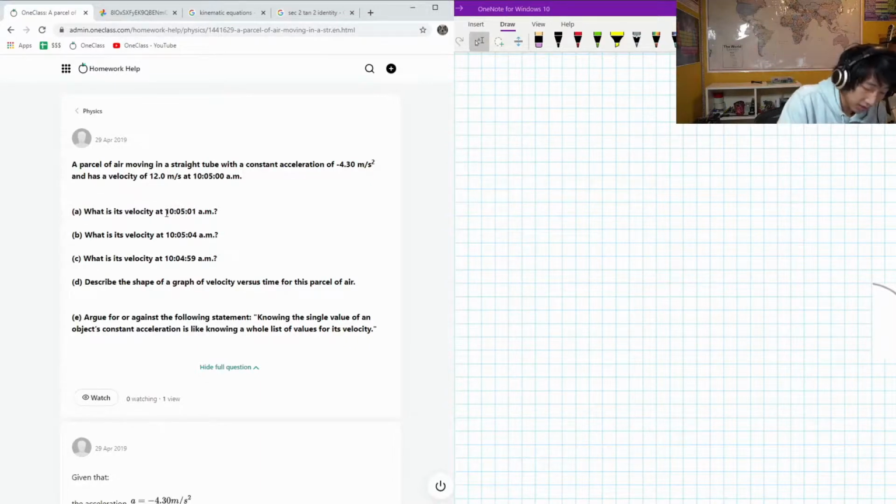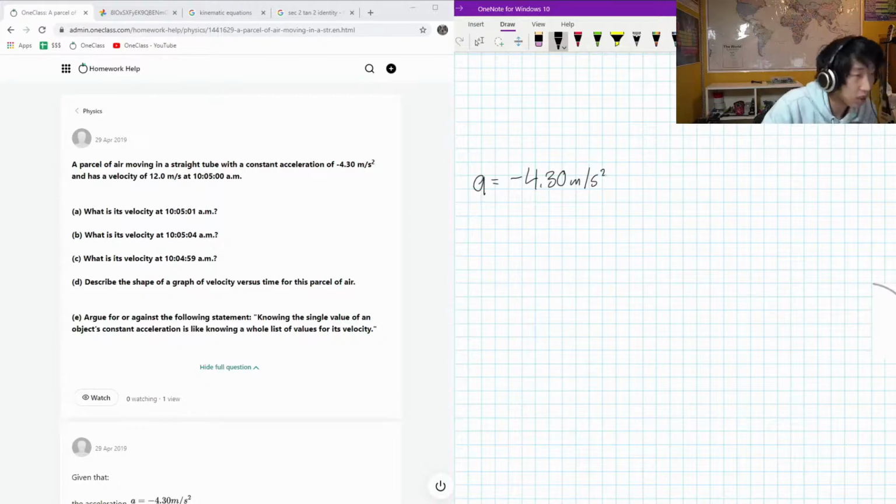Okay, so let's actually draw out some of the given information that we have here. So our acceleration, negative 4.30 meters per second squared. Our initial velocity, let's call that VI for initial, is going to be positive 12.0 meters per second.